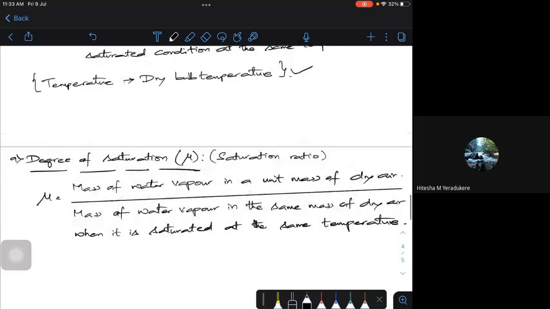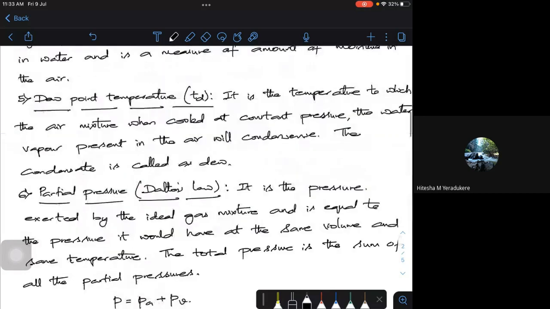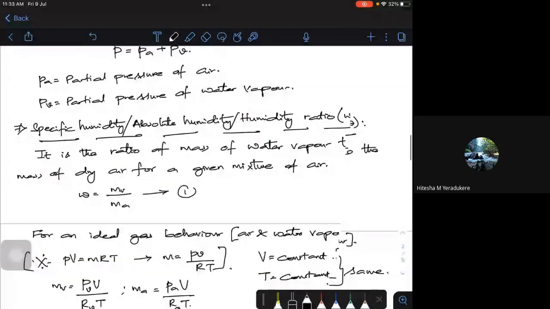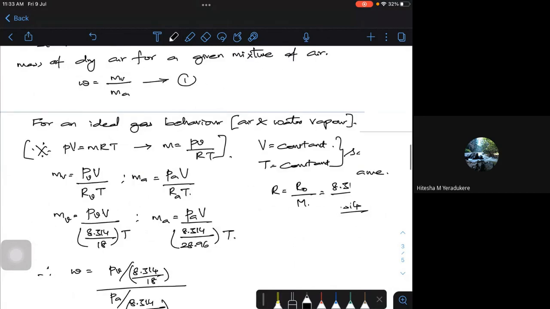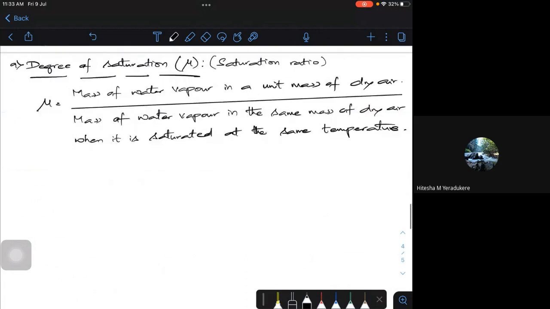If you go back, here it is, specific humidity. What is it actually? Mass of water vapor to mass of dry air. So that means it is your omega. In the numerator, it is the mass of water vapor in a unit mass of dry air.